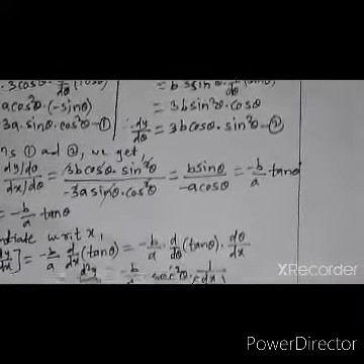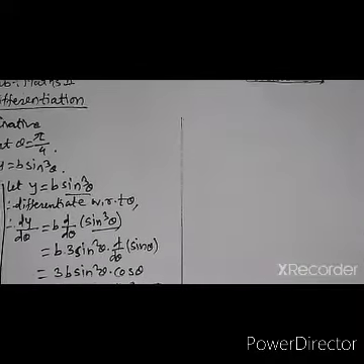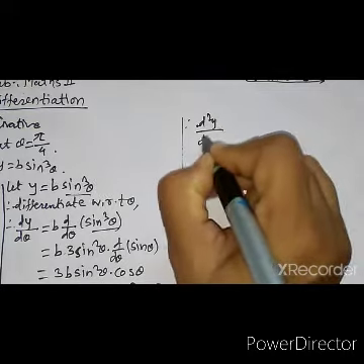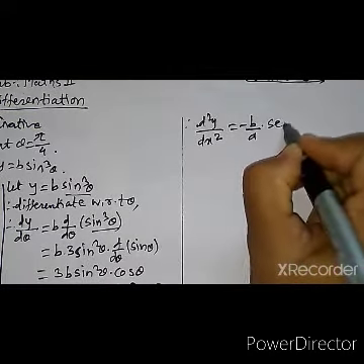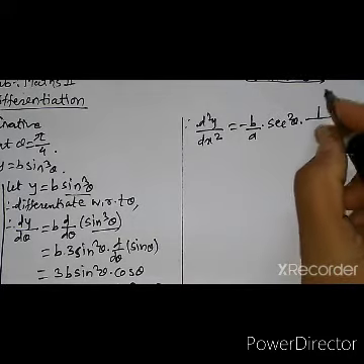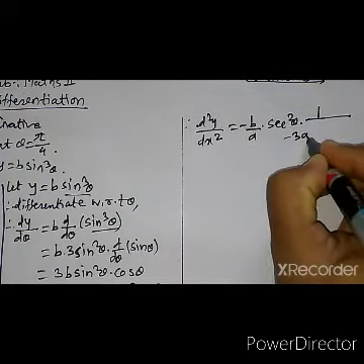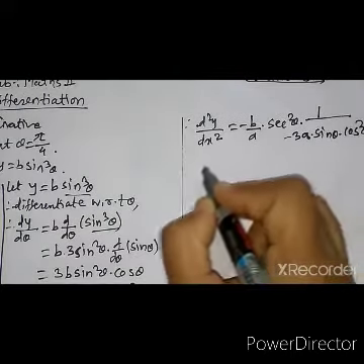So here d2y by dx square is equal to minus b upon a into sec square theta into 1 upon, put the value of dx upon d theta, minus 3a into sin theta into cos square theta.